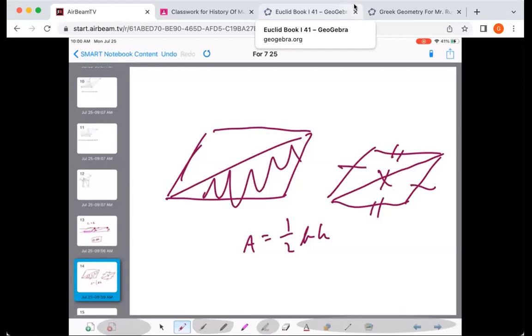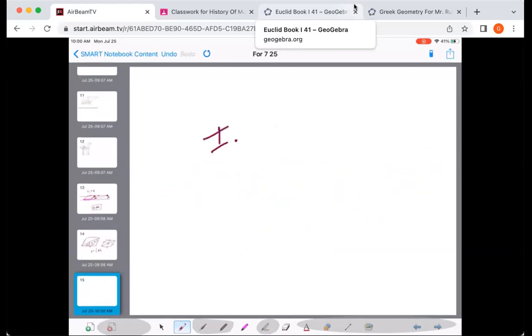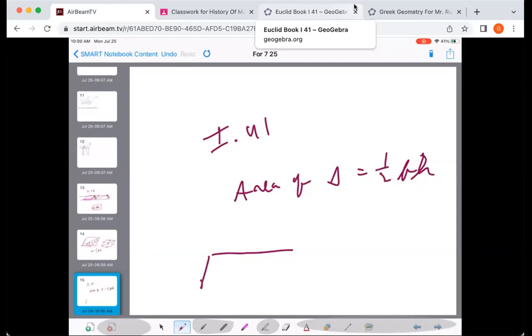So 41 basically says that the area of a triangle is 1/2 base times height. But more specifically, it says if you ever have a parallelogram, and then you have another point on that top base, and you join these three things, that triangle's area will be half the parallelogram's area.